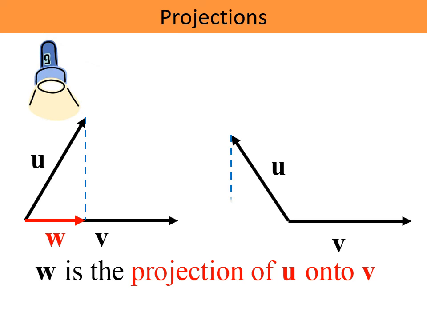We just have to think of our vector w going in the opposite direction. That is referred to as proj subscript v of u. Now look carefully at this, because this is saying we're projecting u onto v.